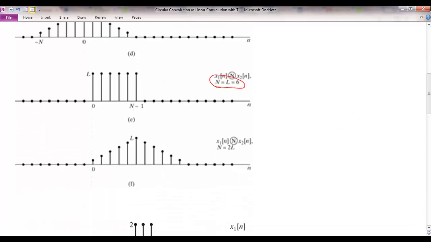But now, since I am taking n equal to 2L, where L was the length of my sequence, which is, of course, bigger than or equal to 2L minus 1, the length of my linear convolution, in that case my circular convolution and linear convolution will have the exact same answer.